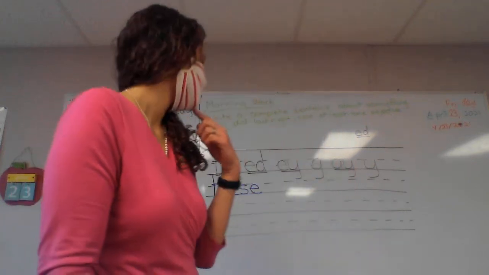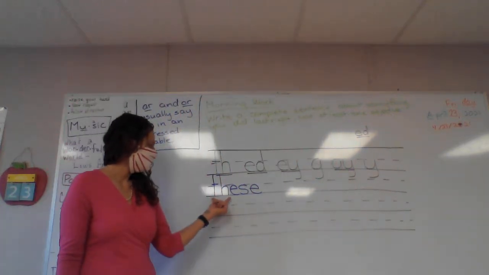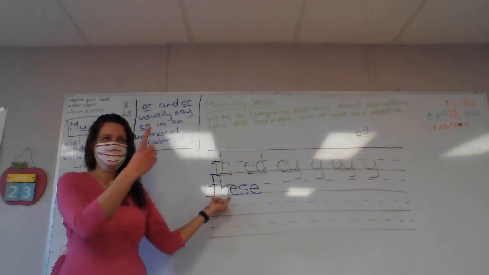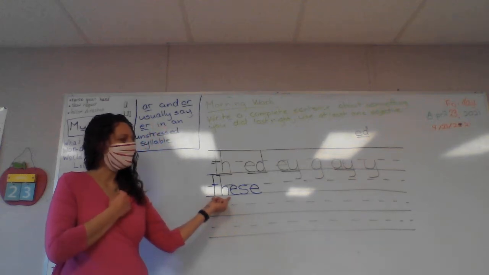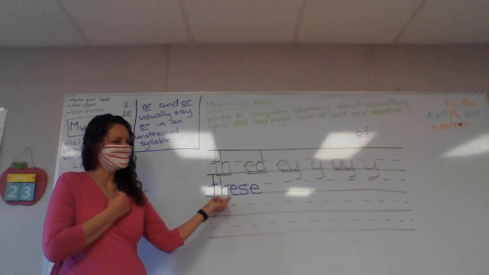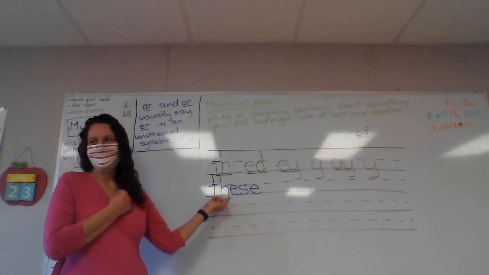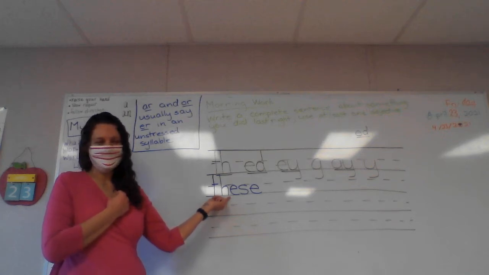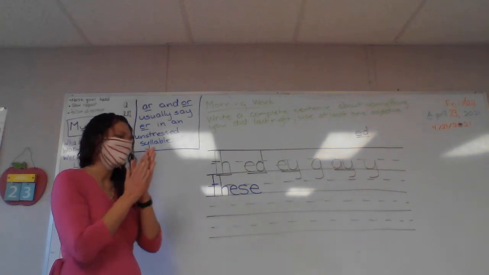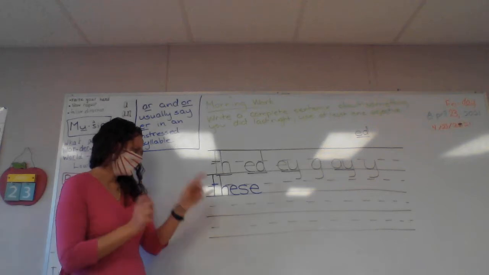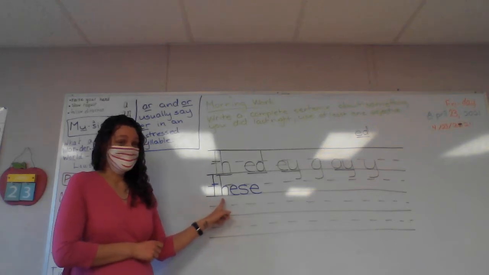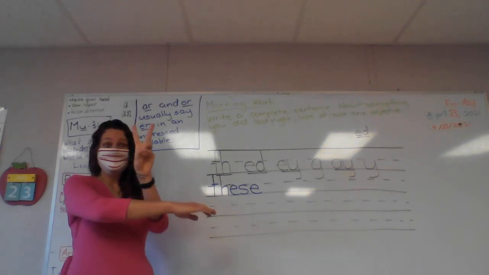All right, before we mark our word, class, can you tell me the two sounds of this phonogram? Can you show me how we'll mark it for these? Thank you. So many of you are listening, doing a fantastic job. All right, let's mark our word because I know we're going to get it right the first time now. Does this need a marking? Perfect. It's saying its second sound.